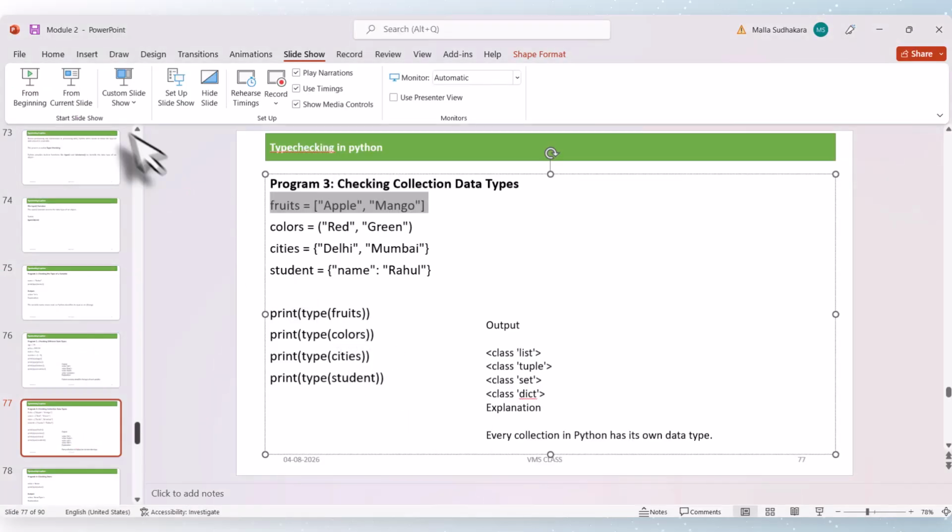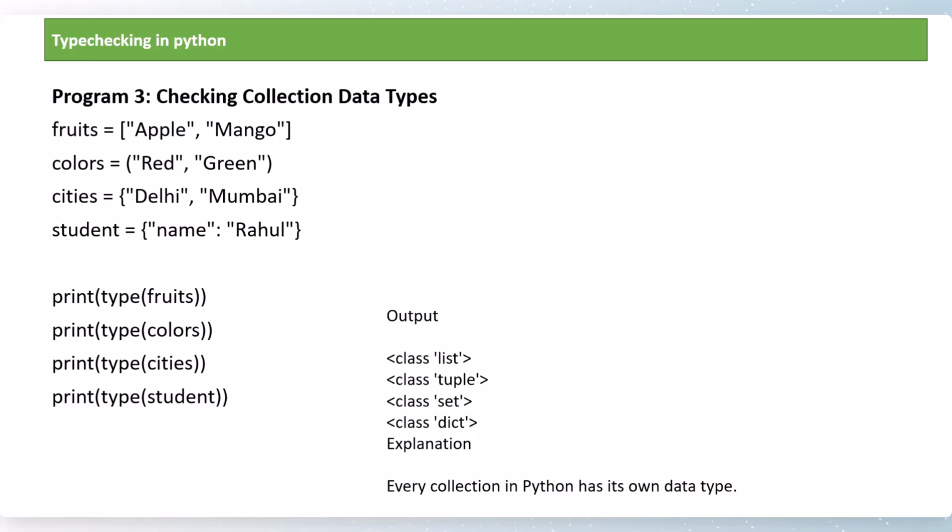Similarly, you can check the other types also. Colors equal to, it is of type tuple. You can take cities in the form of a dictionary, here student name Rahul. This is a dictionary. Cities, it is a set type. So every collection in Python has its own data type.